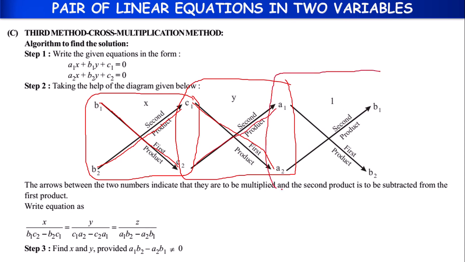Again, from the next group, first product, second product. Like that, we have to write the coefficients and constants, and we have to take two products in each case, and we have to establish a relation between them.